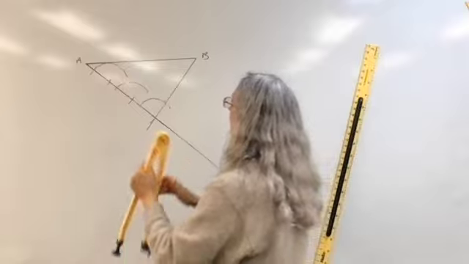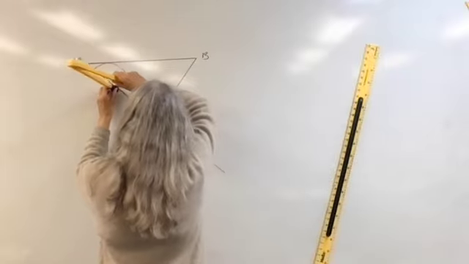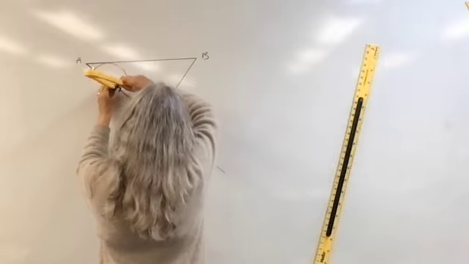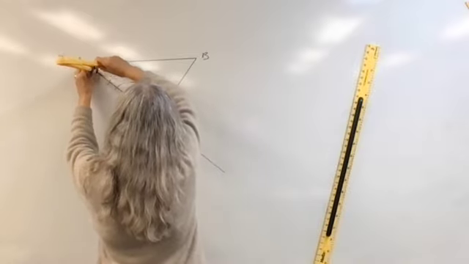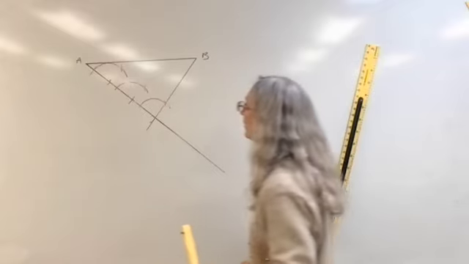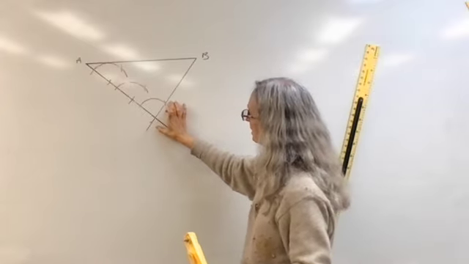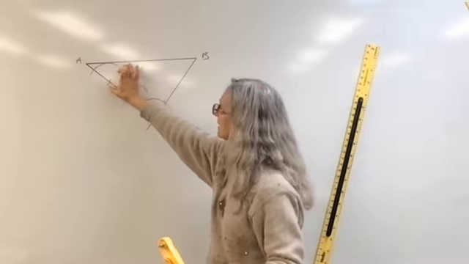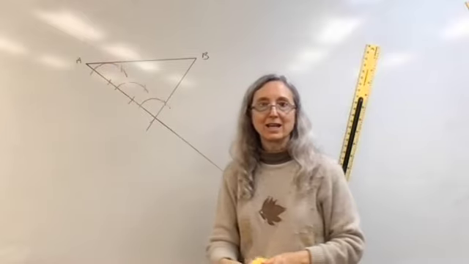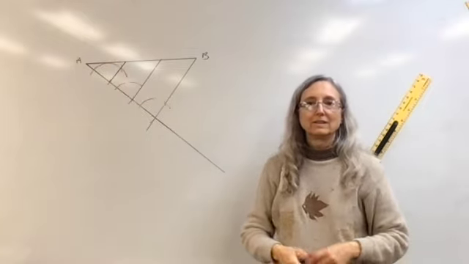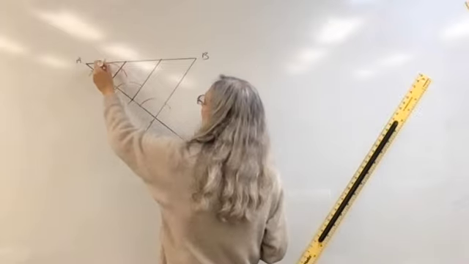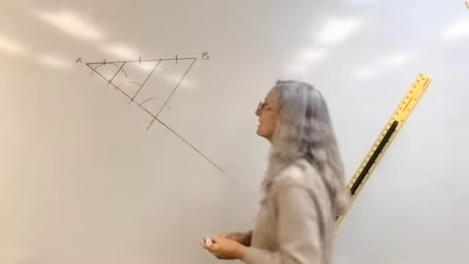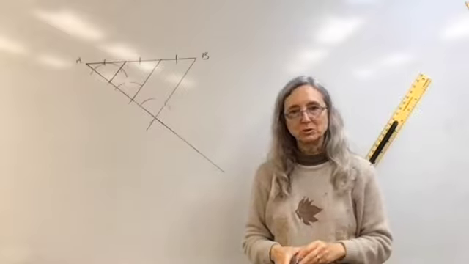Now I'm going to repeat that in each one of these arcs. Mark that and mark that. This is already connected. Connect that and connect that through AB. Okay, so I connected them, and that means these 3 segments are equal.